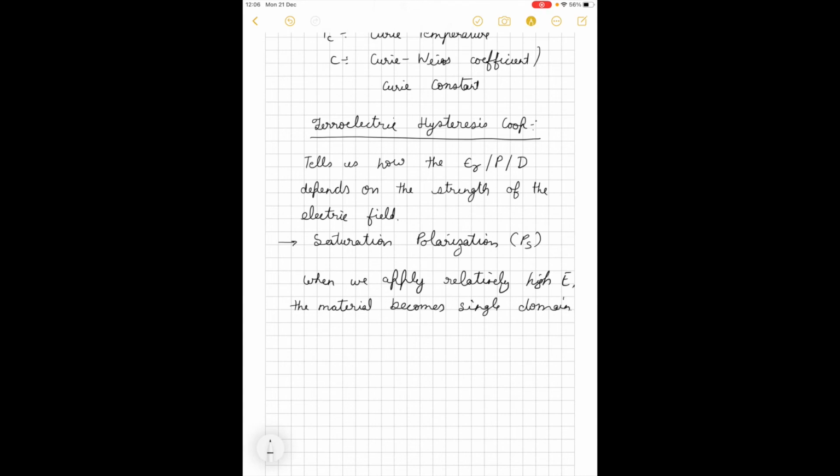And after this point, the polarization is said to be saturated. Either all the domains will align in the same direction, or there will be one large domain. So this is what is called PS. All right.